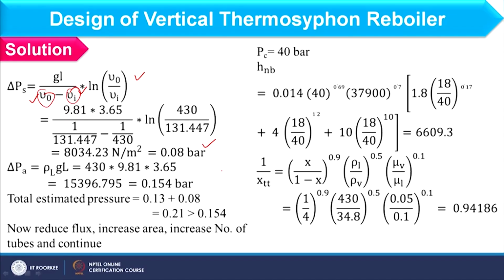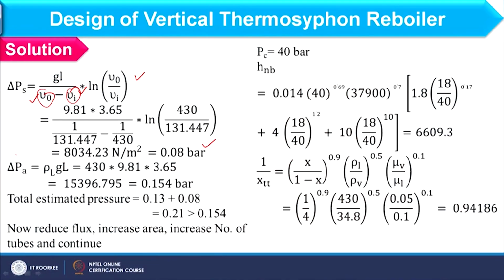So, that we have to compare with available pressure drop in distillation column side. Okay. So, total pressure drop available is basically rho L GL. Okay. So, here I am considering length of the tube instead of length of the liquid or level of the liquid available in distillation column, and the reason is very simple, that if you remember the 6th week lectures where design of vertical thermosiphon we have discussed.